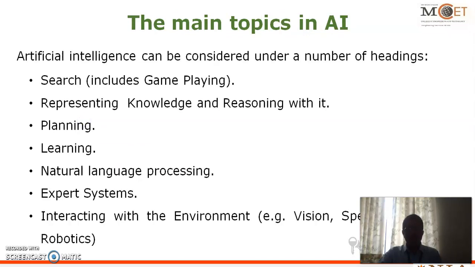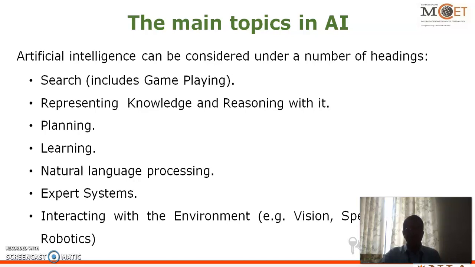The main topics we are going to discuss in artificial intelligence: first, search. Search is nothing but like playing a game. We play various games using a cell phone or laptop, and we can find new things while playing the games. Then representing knowledge and reasoning with it, so we can plan and learn from that.